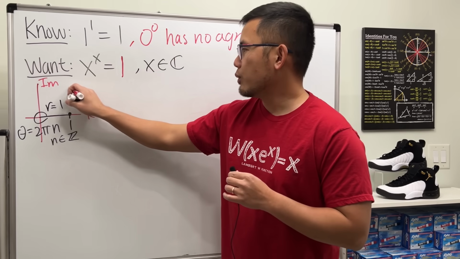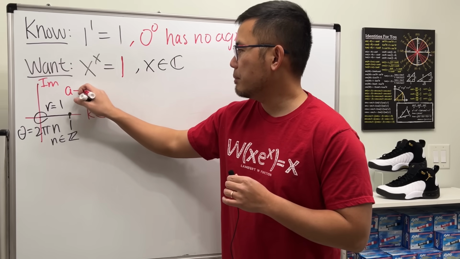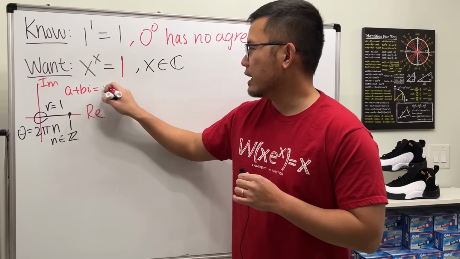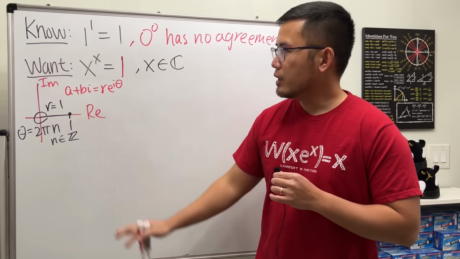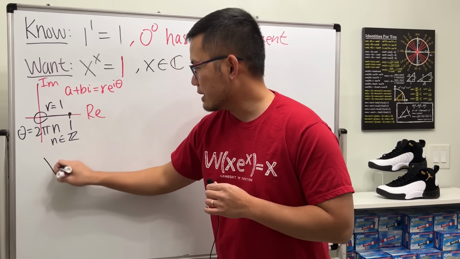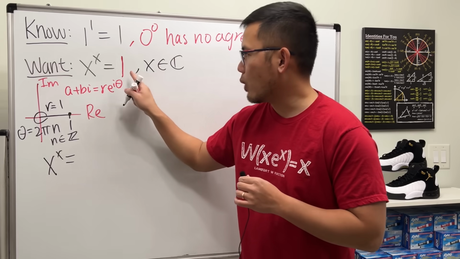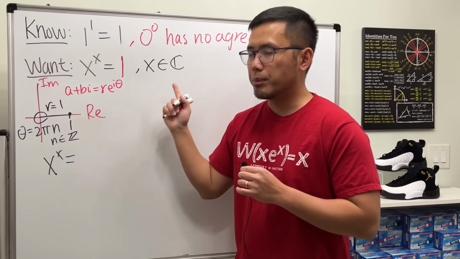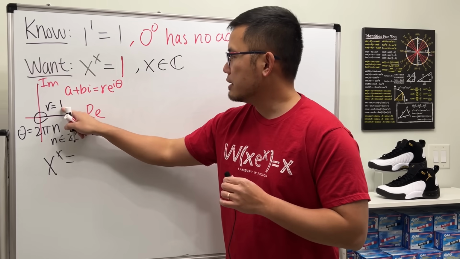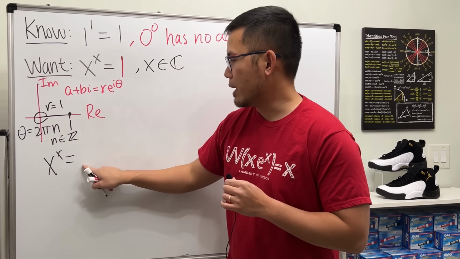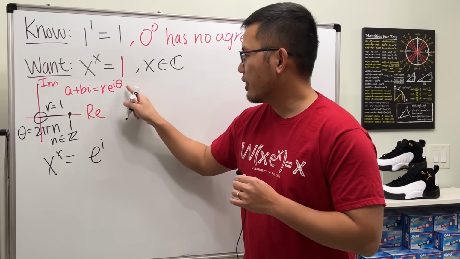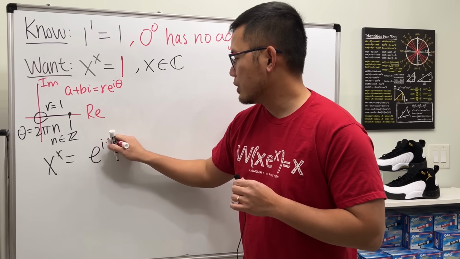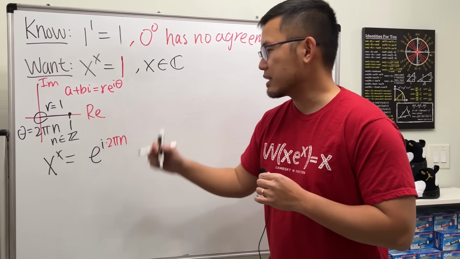Alright, and now when we have a complex number a plus bi, we can write that into the re to the i theta complex form. So let's take a look at x to the x power equals 1 and write 1 into the polar form. R is 1, so we just have 1, and then we need the e, and then the i, and the theta is that, which is 2 pi n, like that.